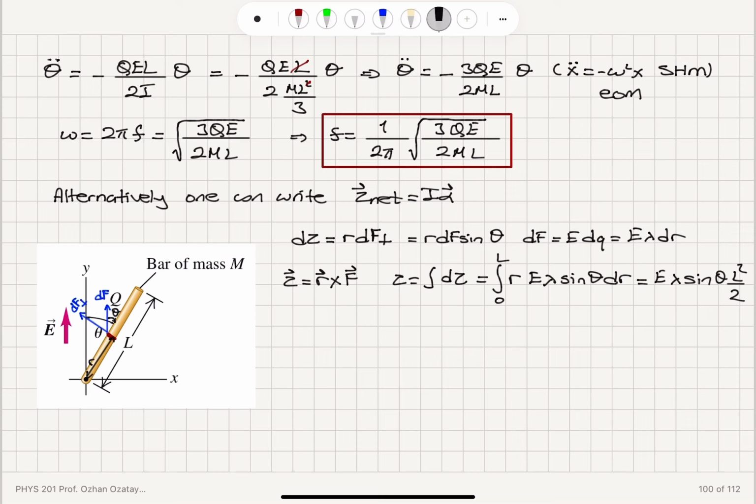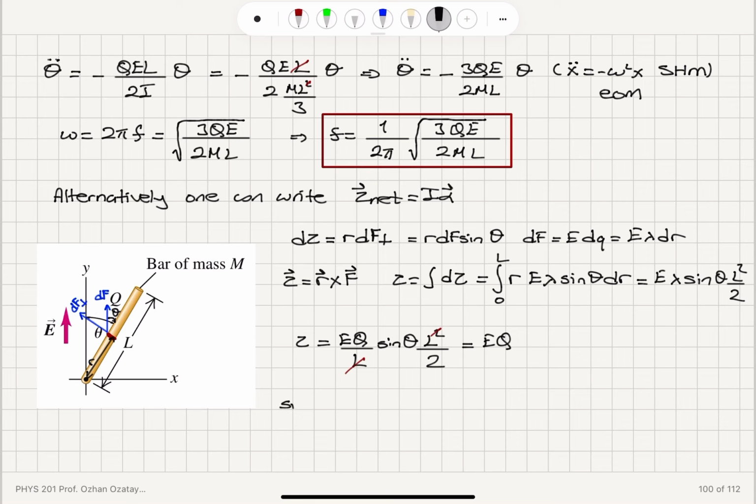So I will find that the torque is E times lambda, which is Q divided by L for a uniform charge distribution, times sine theta L squared over 2. One of the L's will disappear, and I will find that this is EQ L sine theta over 2.